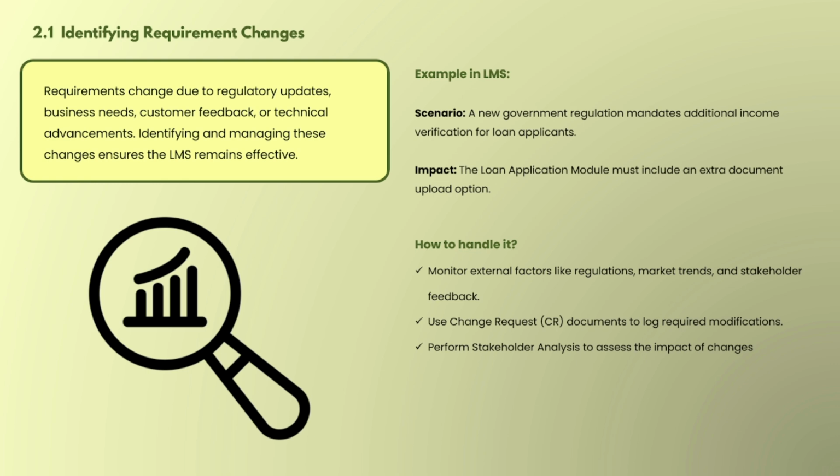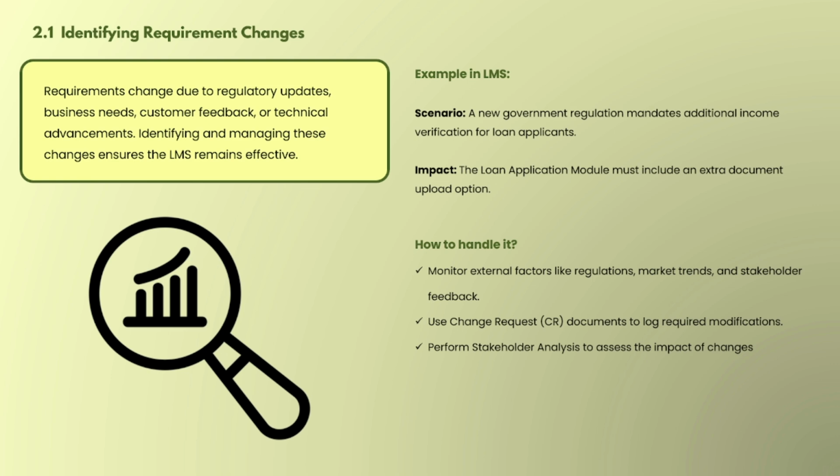The mandate from the government is additional income verification for loan applications, income certificates or something like that. While filling the form, we have already created one feature which allows uploading documents as well. We need to include this also: we provide one link where we tell them to add their income certificate, and it gets included as an extra document upload option.